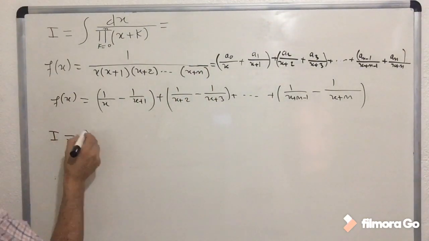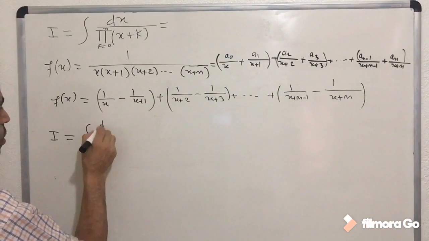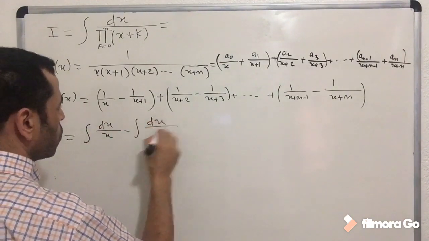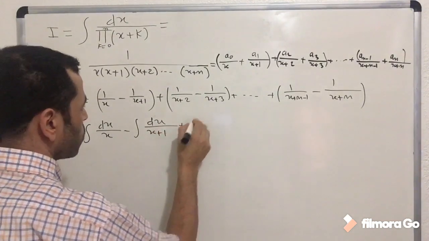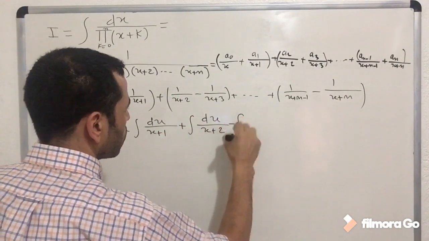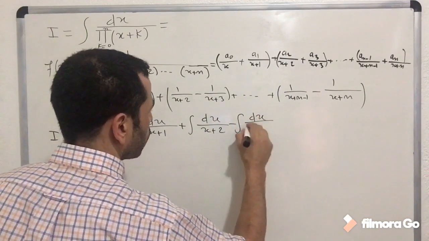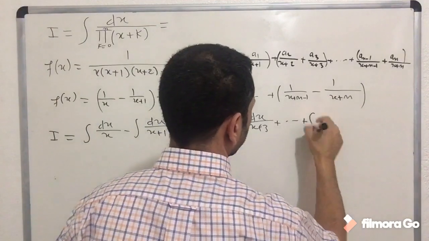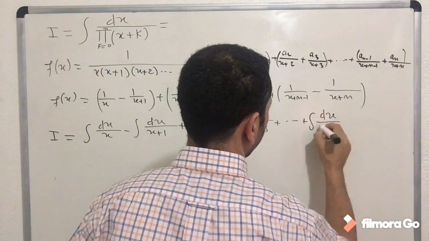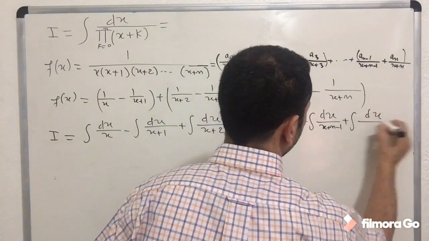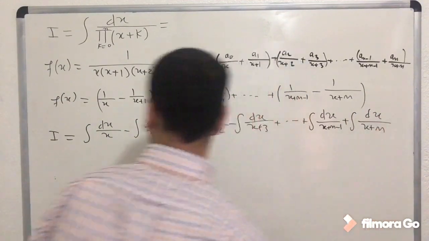Our integral becomes dx over x minus dx over x plus 1 plus dx over x plus 2 minus dx over x plus 3, and so on until you get the last two terms, dx over x plus n minus 1 plus dx over x plus n, right?